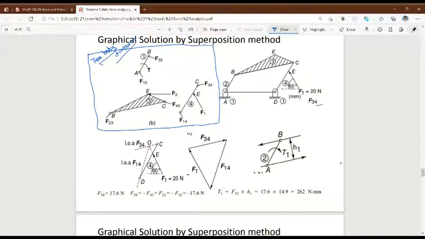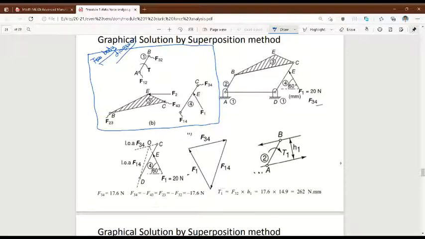In the free body diagram, you are going to draw the links. Draw links 2, 3, 4 individually, except the fixed link. You have to draw them as they are in the space diagram.